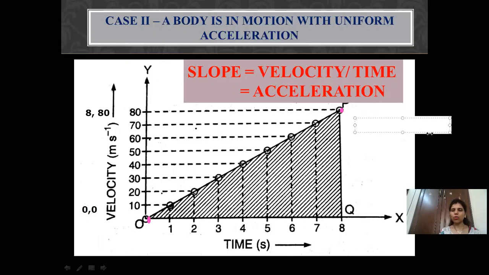I will get the slope as y2 minus y1, that is 80 minus 0, because you can see y2 is 80 and y1 is 0, and x2 is 8 minus 0.